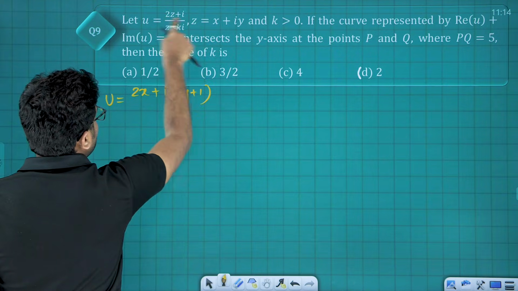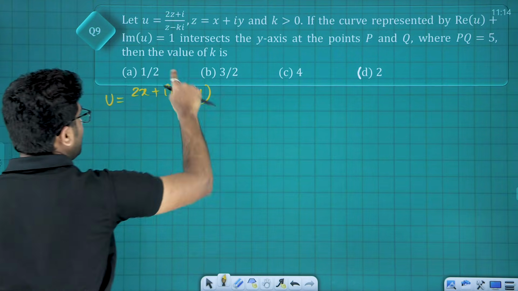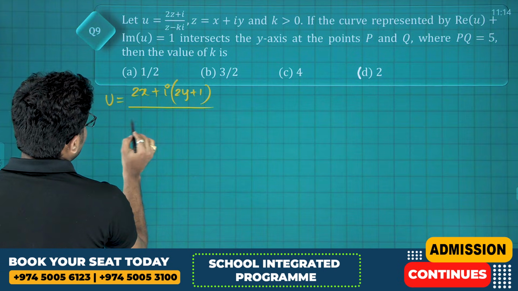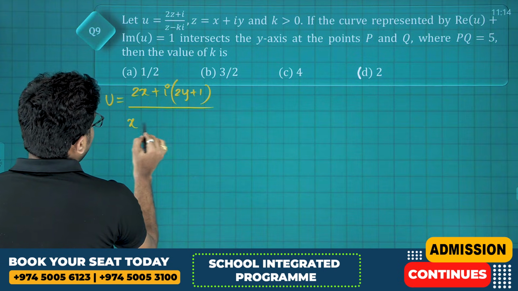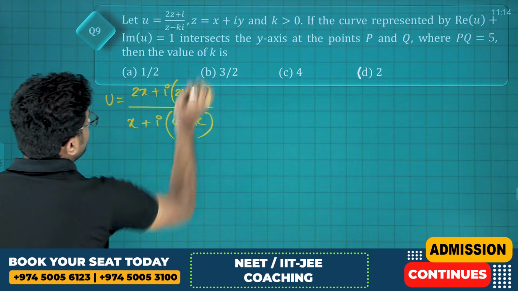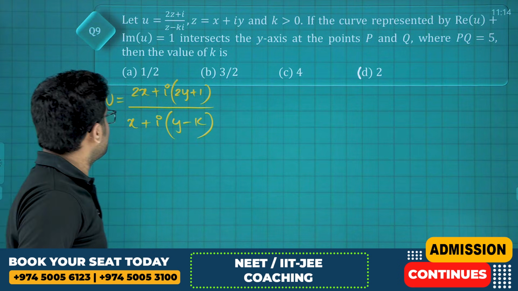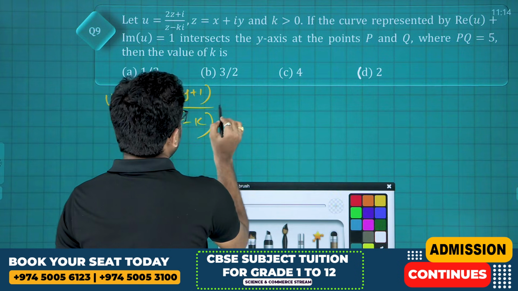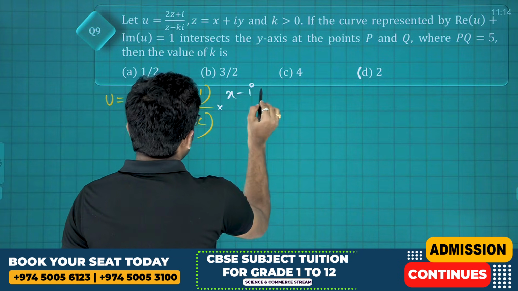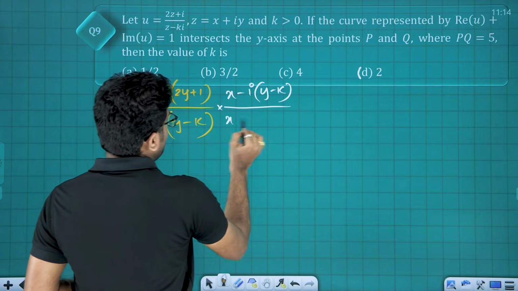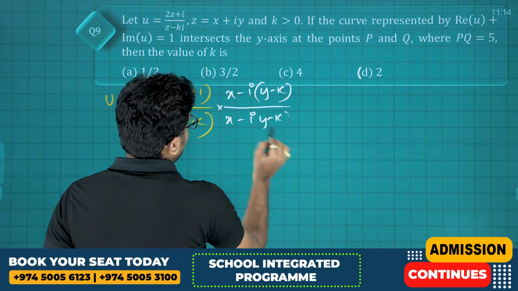This is 2x plus 2iy plus i, so i common. z minus ki is x plus i times (y minus k). Now, in general, to express it in a plus ib form, we multiply by x minus i times (y minus k) divided by x minus i times (y minus k).